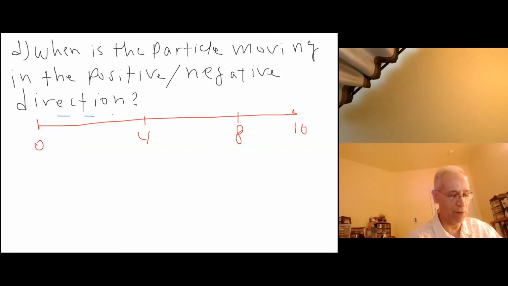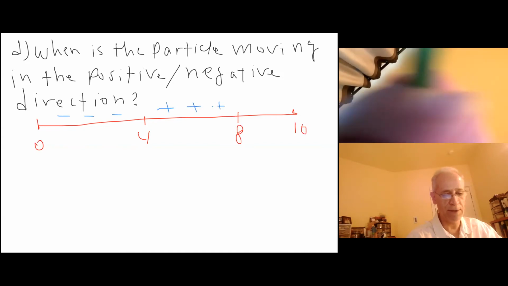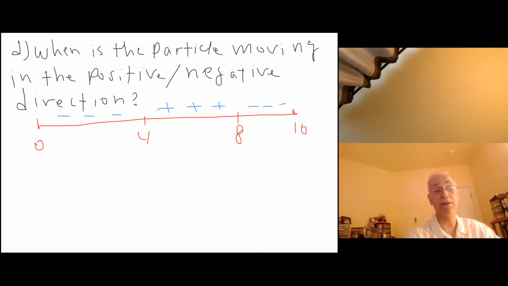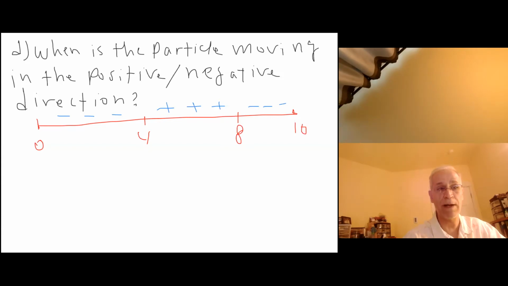So all numbers here give me a negative sign. Every number in between here gives me positive, and everything else between 8 and 10 gives me negative numbers. Just choose any number, substitute it into the velocity, and solve, or use your calculator.